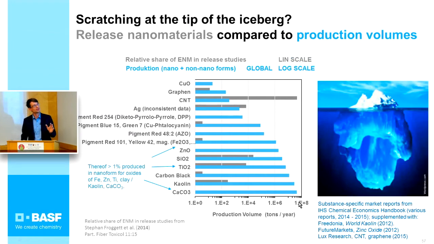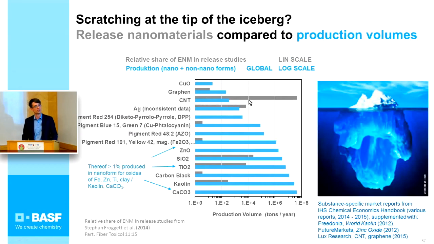Bigger at the bottom, this is the production of particulate materials, not specifically nano, just taking the global production of typical fillers and pigments. And you see in gray those materials which have been used a lot for release studies, not overall nanotoxicity, but release, because I had this data from Stephen Frudgett's paper.